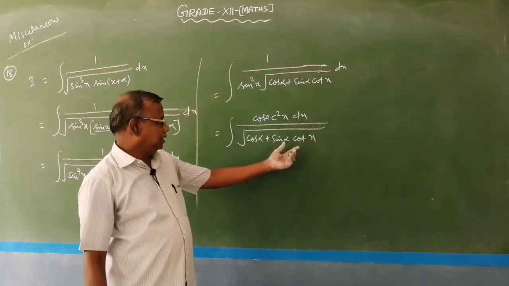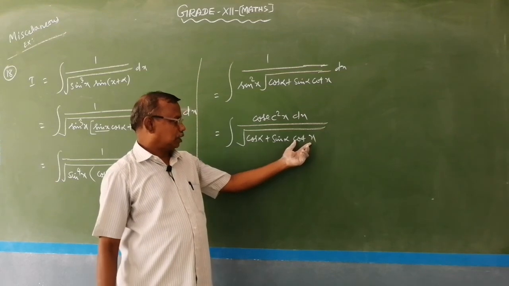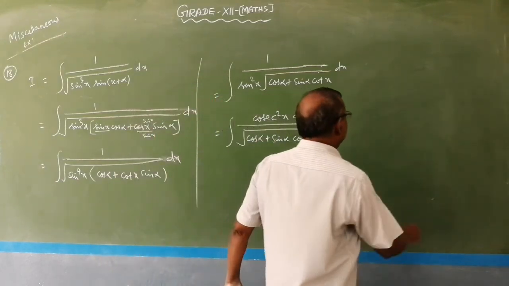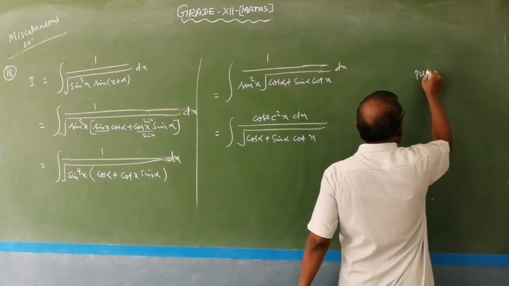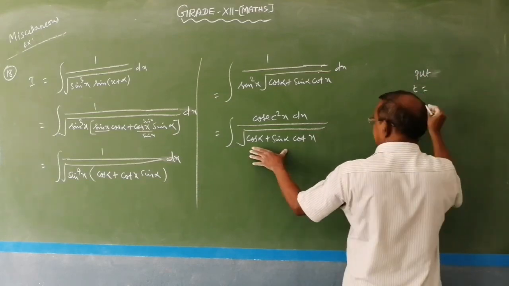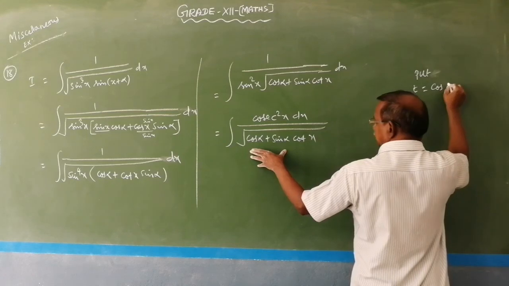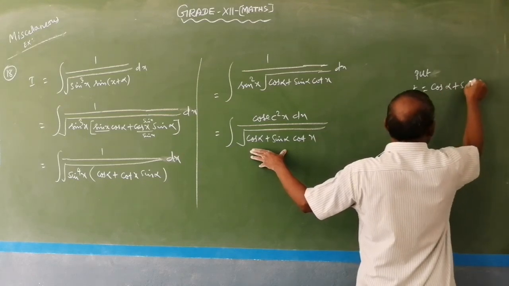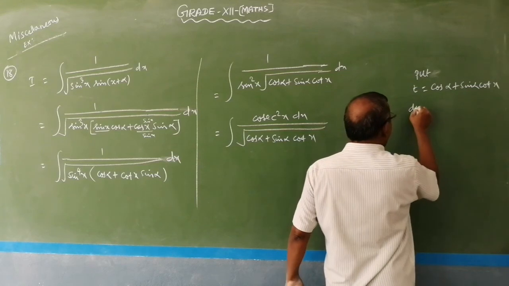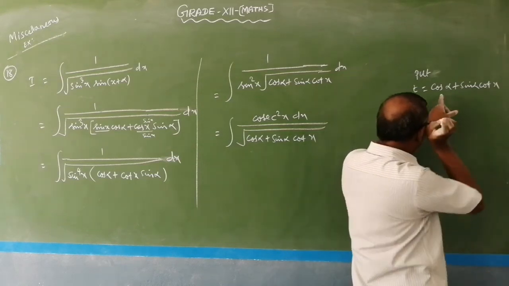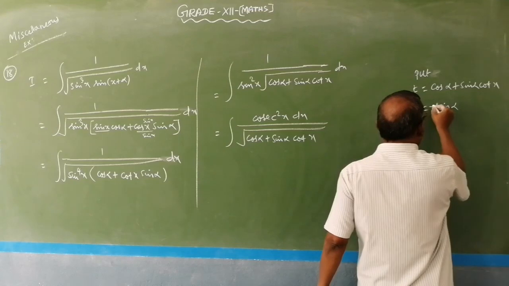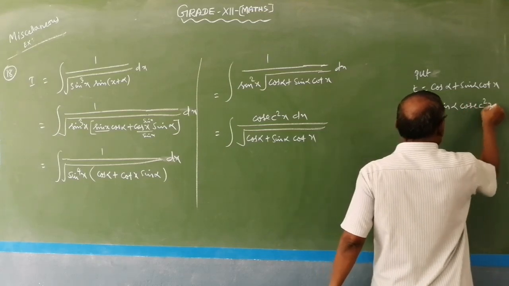Here we have a function of x, the term cot x, whose corresponding derivative is minus cosecant square x dx in the numerator. So put t equal to the entire denominator, that is cos alpha plus sin alpha into cot x. So dt equal to, cos alpha becomes 0, sin alpha into minus cosecant square x.